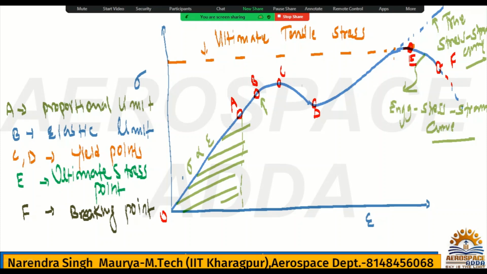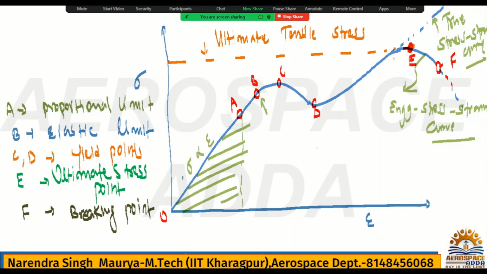After C, plastic deformation starts and the material does not regain its original size and shape once it is unloaded. That phenomenon is called yielding. So this is the upper limit, that is C, and D is nothing but the lower yield point.